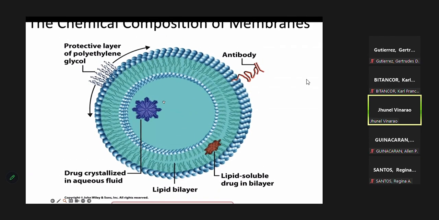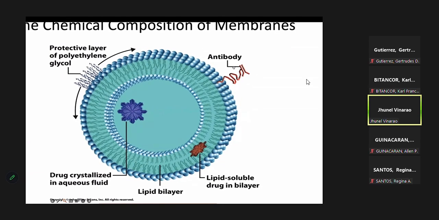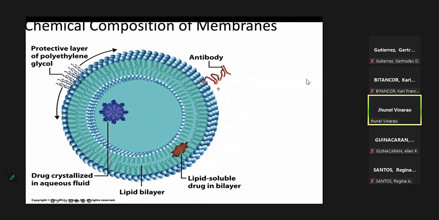So in this example, ayan, aside from the lipids, meron ding bound antibodies. Bakit merong antibodies dito? Kasi 'di ba kapag nag-take ka ng drug, let's say the drug has to be specific, yung action niya has to be specific in your liver. Or let's say the drug has to be specific sa inyong small intestine.